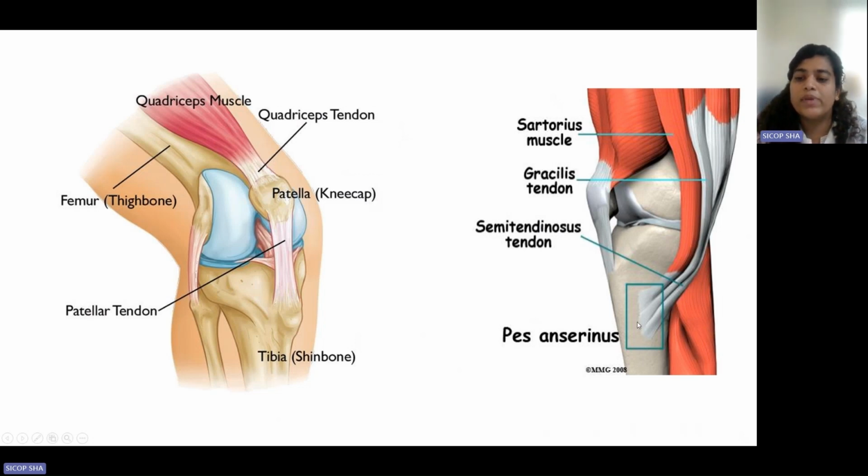Similarly, here you can see pes anserine bursitis can happen over here. Then semitendinosus tendon is over here. So inflammation in these anatomical regions gives you a landmark to point out that this condition can be more prevalent in your patient.